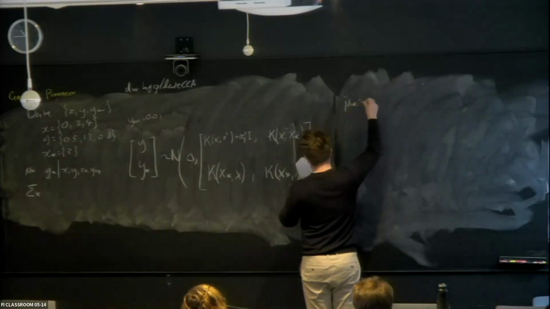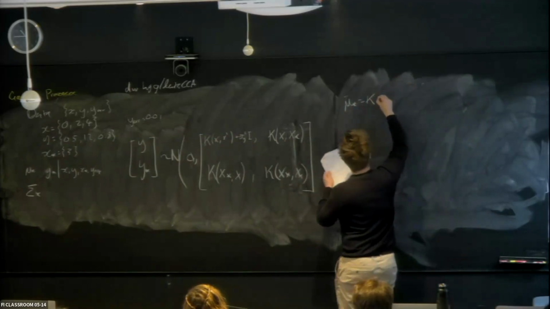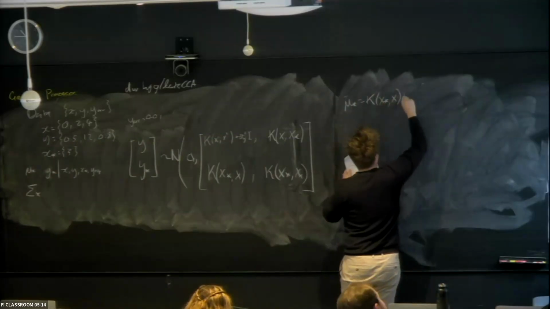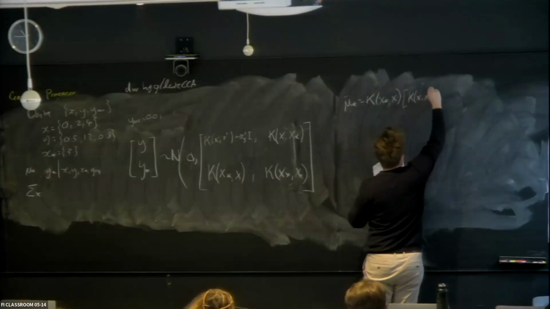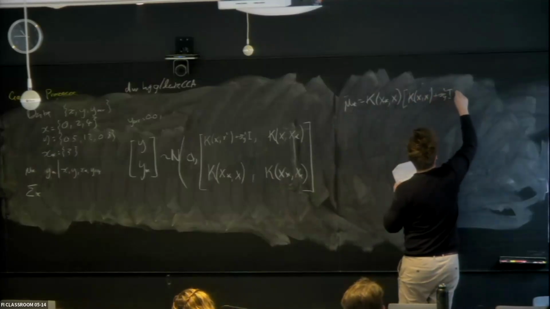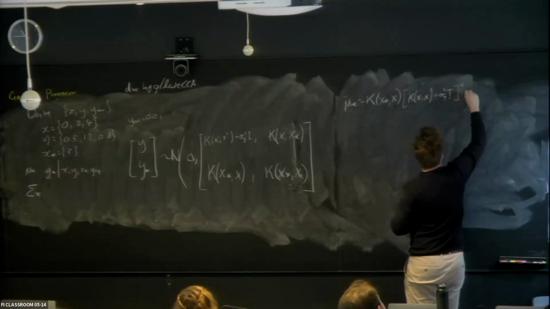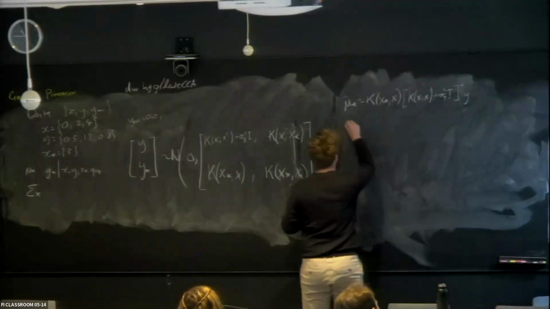So if you want to evaluate this, you want the mean posterior prediction. So you're going to have K of x star, x, times K of x, x plus sigma squared y, inverse, times y, and then I have mu star.